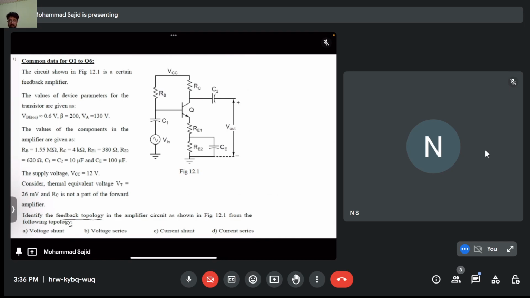You said series voltage, right? So it will be current at the output and voltage at the input. Okay, so it will be current series. Is D the correct option? Okay, nice. So this was the first one.